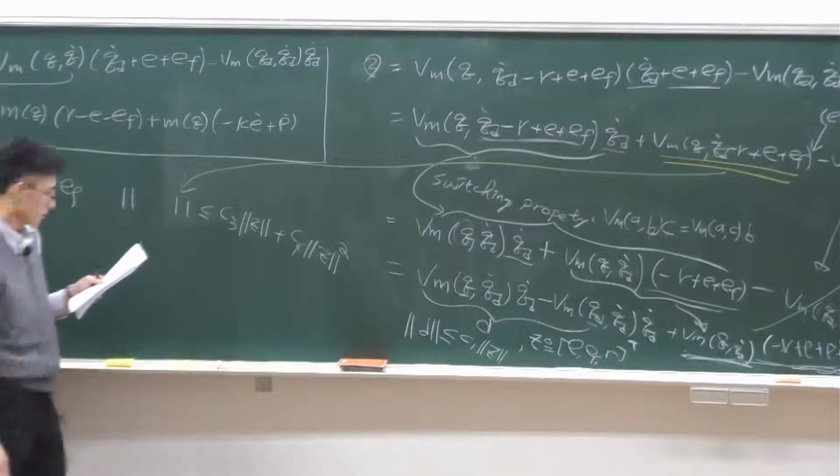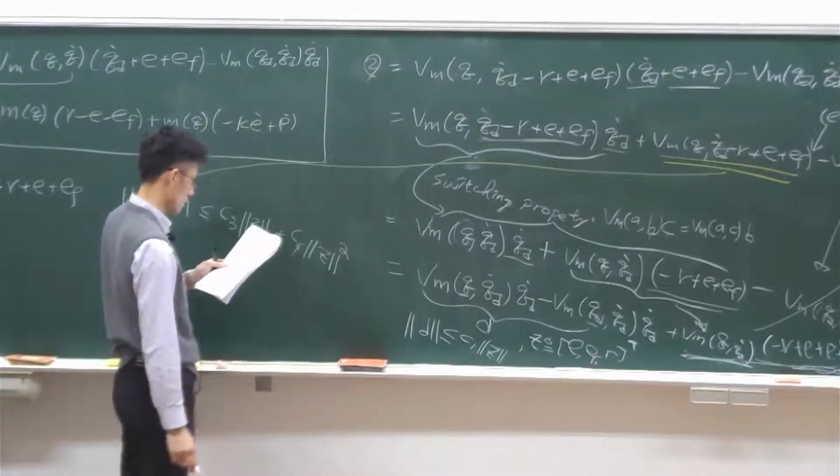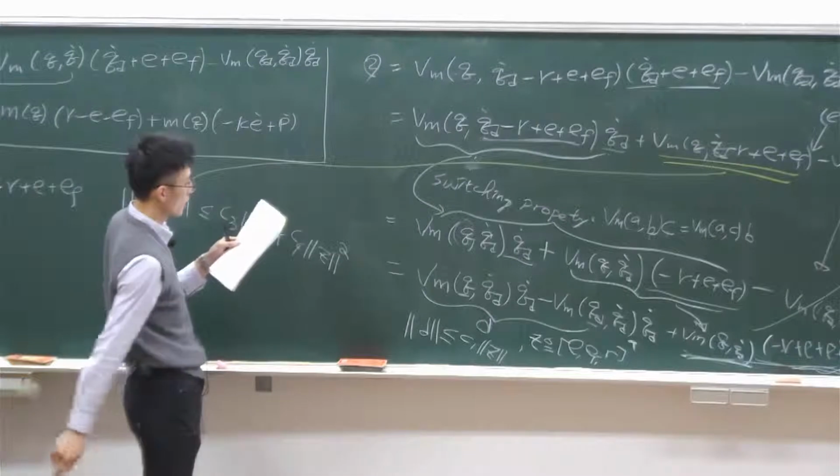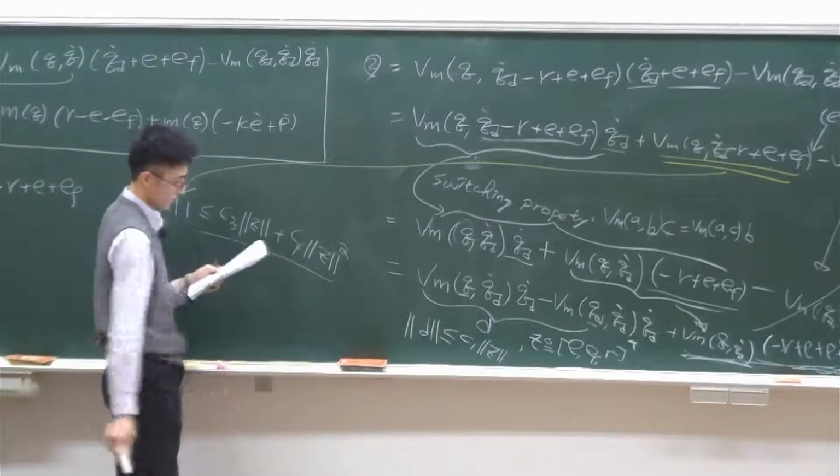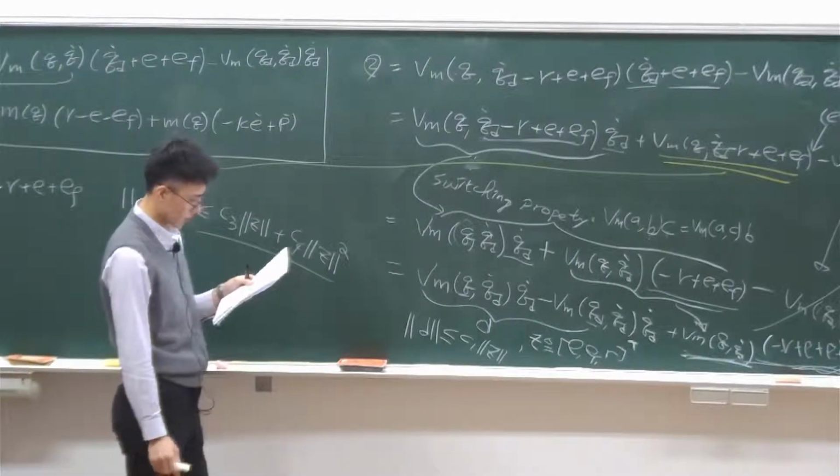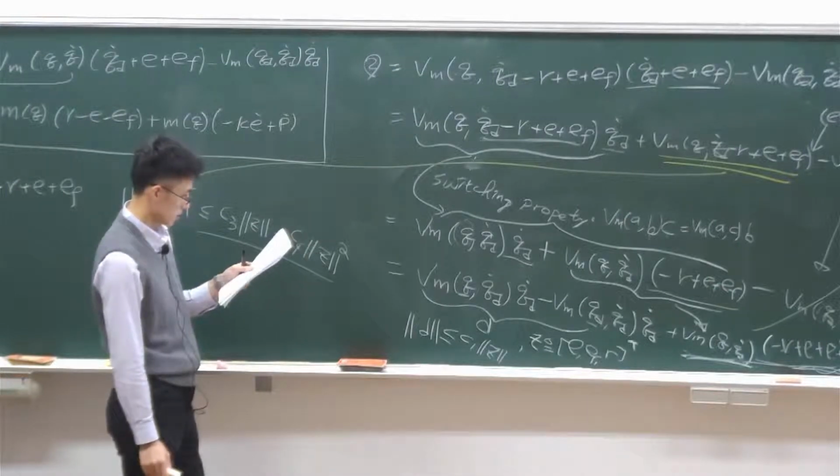That's because by using the three-string properties and the bound of Vn, you can obtain this upper bound. For detail, you can check out the notes.